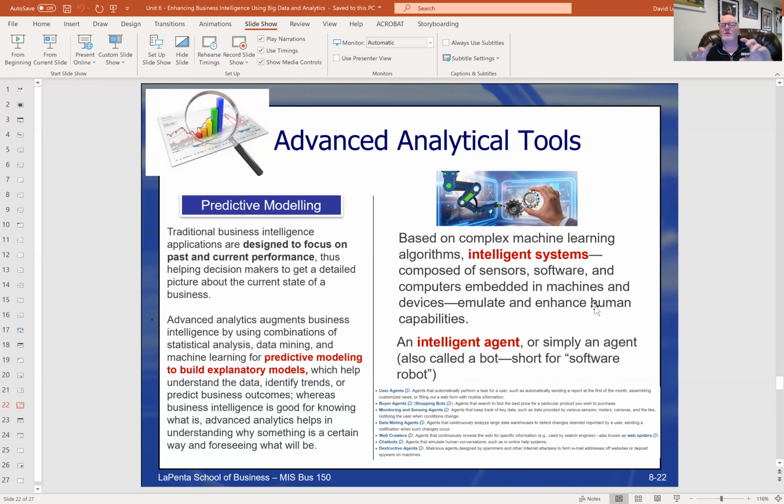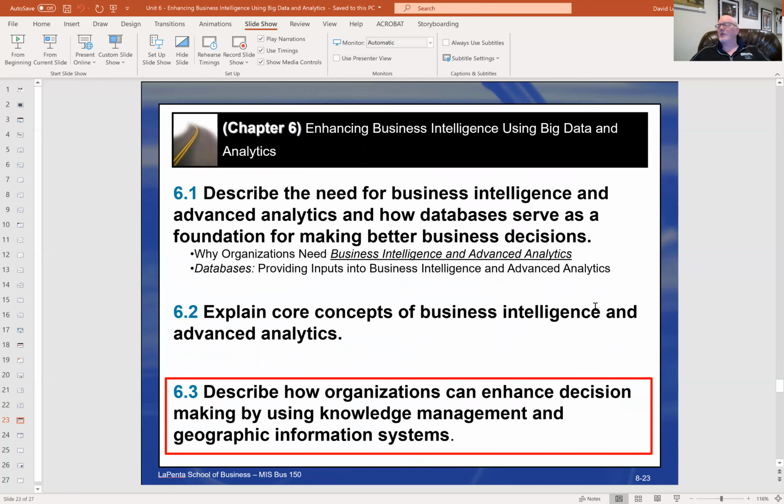When you go on to a web self-service application, a lot of times the bot is answering your questions, and then they pass you over to a real person who's texting with you. It's just another advanced analytical tool called intelligent systems and intelligent agents. All right, so a bunch of business intelligence tools and a bunch of advanced analytical tools.